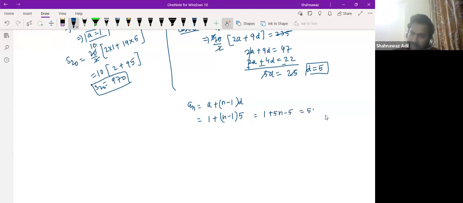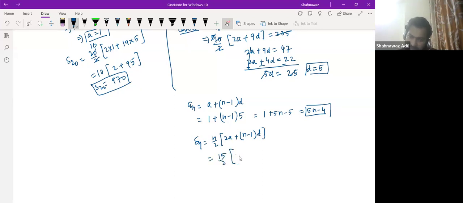This is the last term, right? And we don't know the total number of terms. How can we solve this? Because Sn is n by 2 into 2a plus (n minus 1) d. So we have this n, this is 50. We don't know this a. D we know would be minus 1, minus 5.